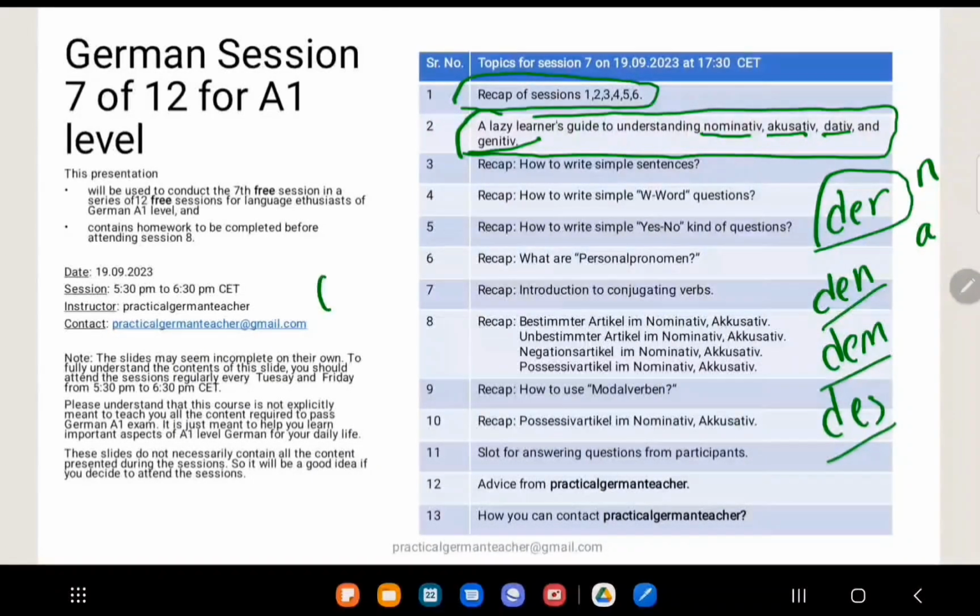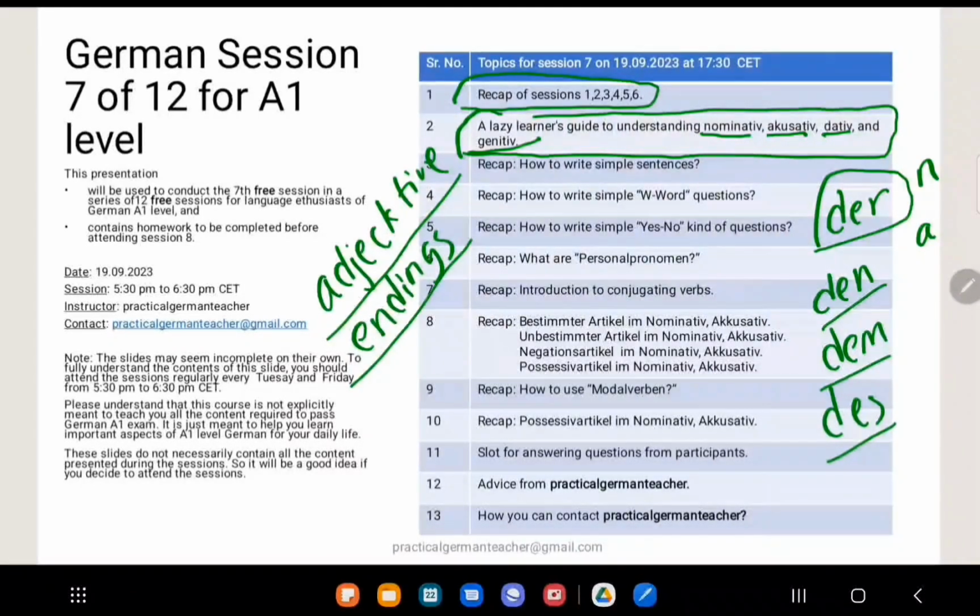The other thing is adjective endings. So adjective endings depend on two things. First, you have to check, is an article being used before the adjective. So with article and then without article, that is the first thing.